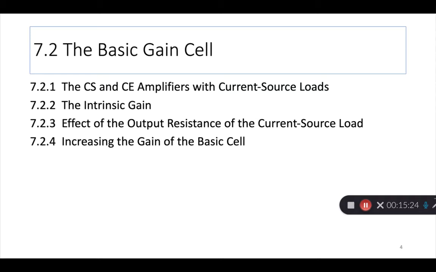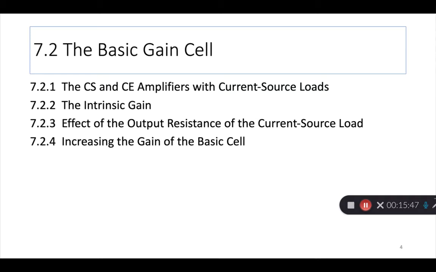Now, because we have come to ICs, we'll first focus on the basic gain cell, which is again your CE and CS amplifiers, but with slight modifications to make them more suited for IC design, IC application.